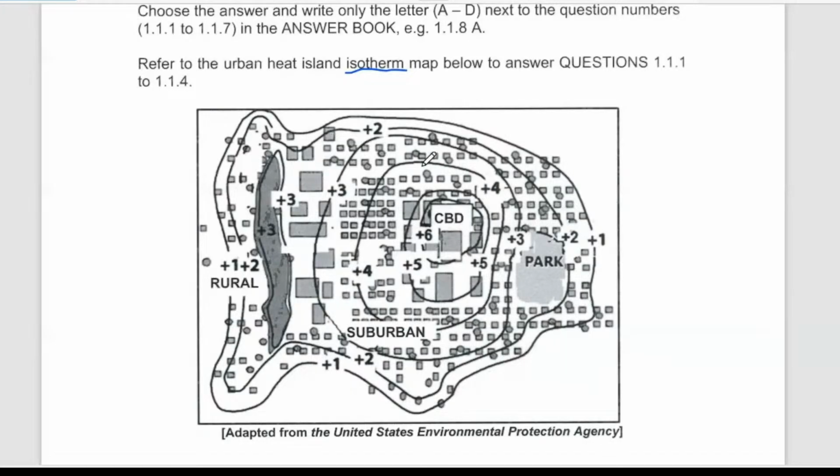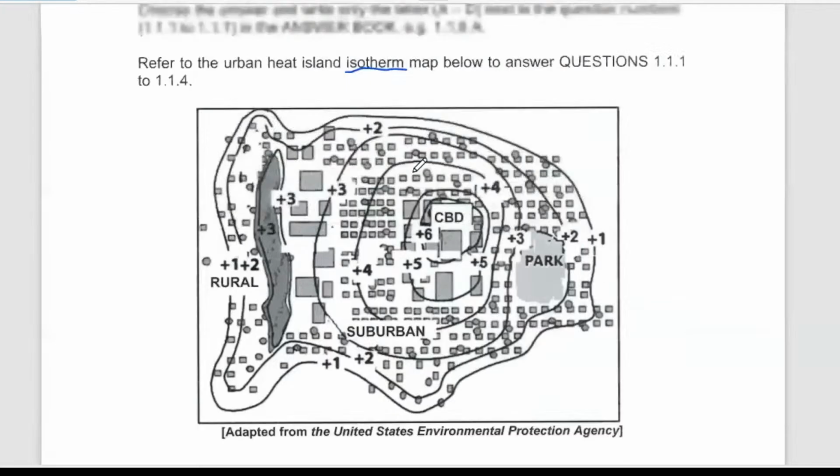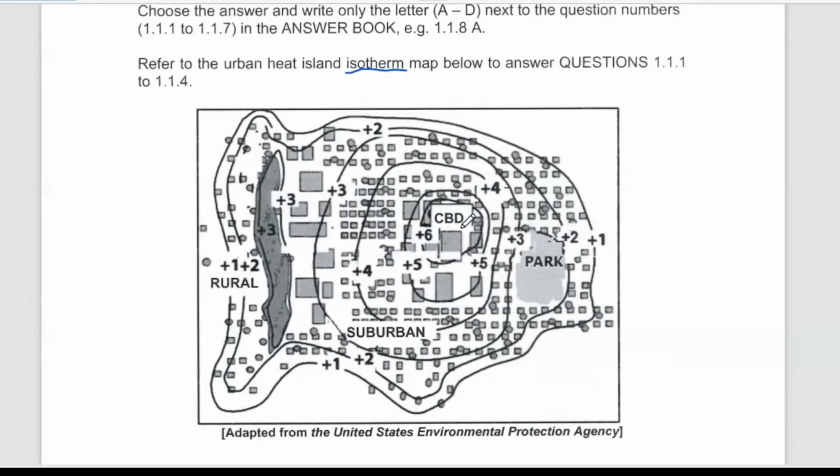Right, so going to our questions, we want to use this illustration to answer the questions. This is the CBD, which is the central business district of this area. The isotherm reading surrounding the CBD is positive 6, which implies that the temperature closer to the CBD is around positive 6 degrees Celsius.